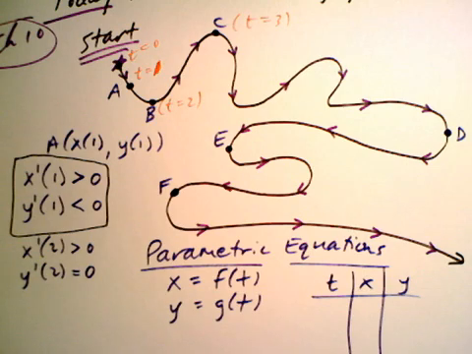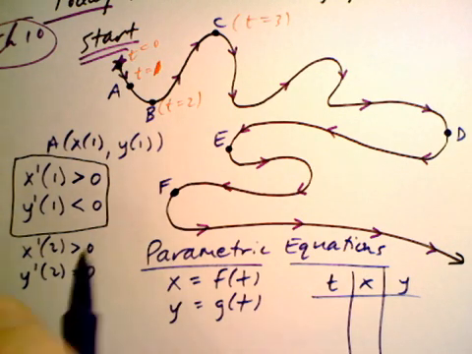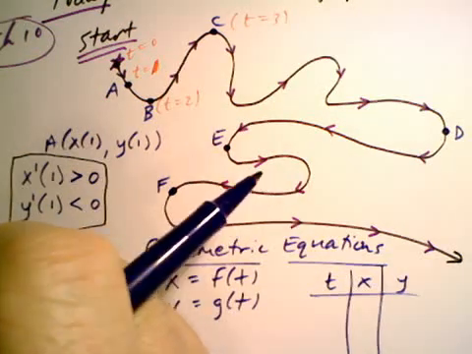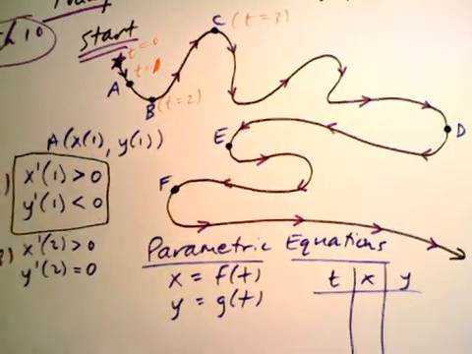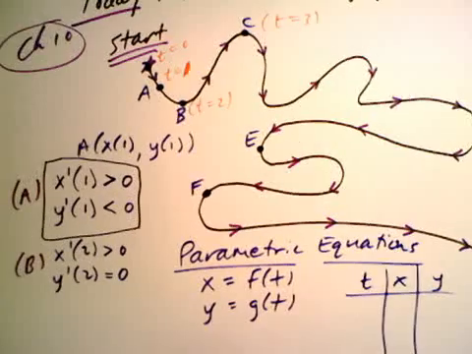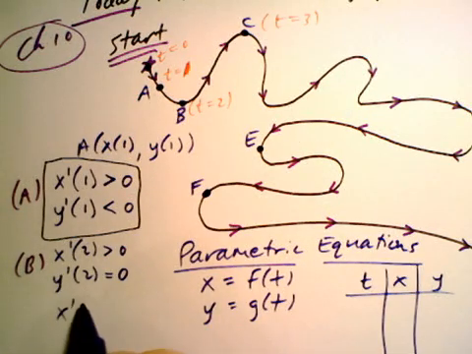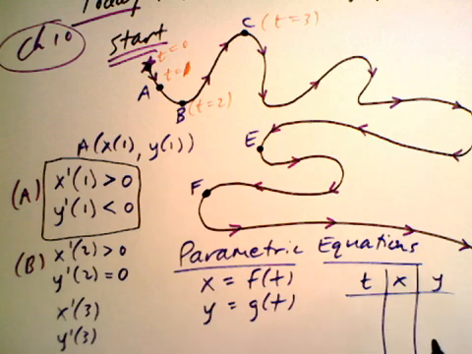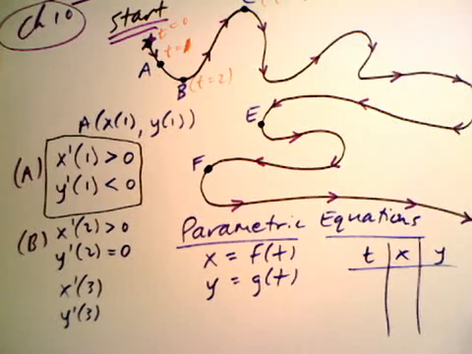And so we can do the same for point C. All right, so B again is this point here. This is the A up there. And then let's look at point C. And I challenge you to indicate what the x prime at 3 is and what the y prime at 3 is. If you want to think about it, then pause the video.